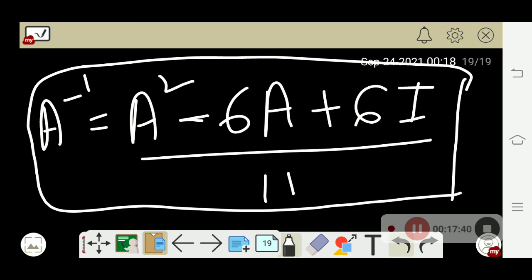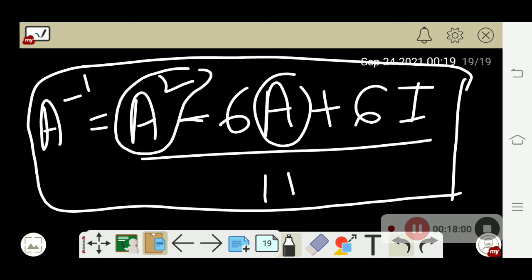Now from competitive point of view, I am keeping this video up to this because in examination you people just need this concept. For three-dimensional inverse, you need to find the square of the given A and the identity matrix, and then divide them by 11.